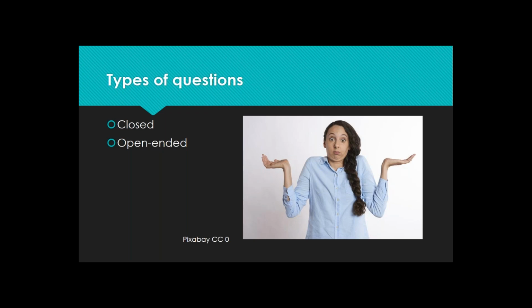A closed question might be to rate their likelihood of asking a librarian a question. An open-ended question might be, well, why did you give the answer that you did? What concerns do you have about asking librarians questions? Most questionnaires you'll want to include both. There are times when you don't, too.